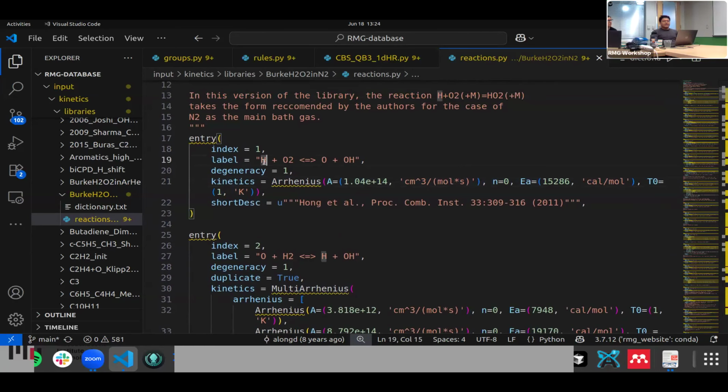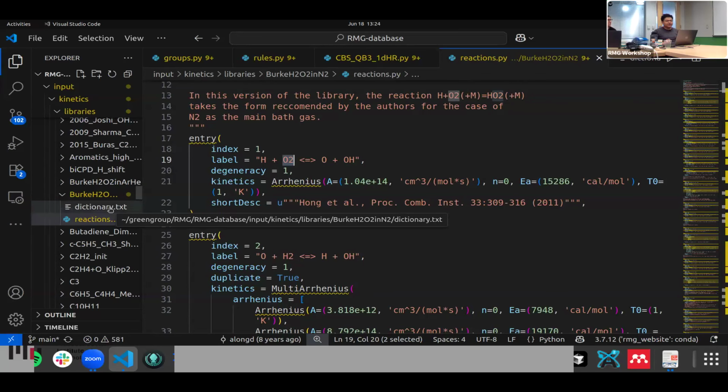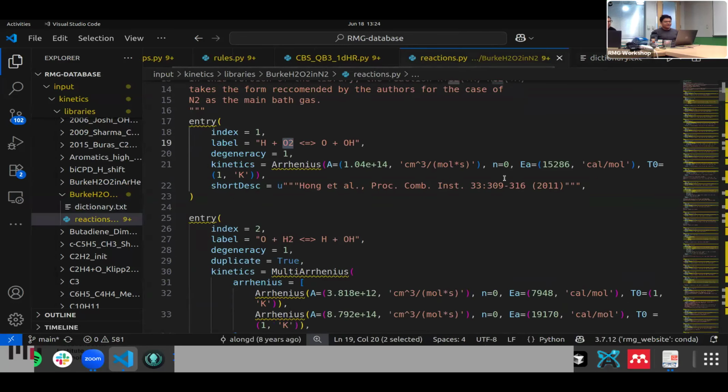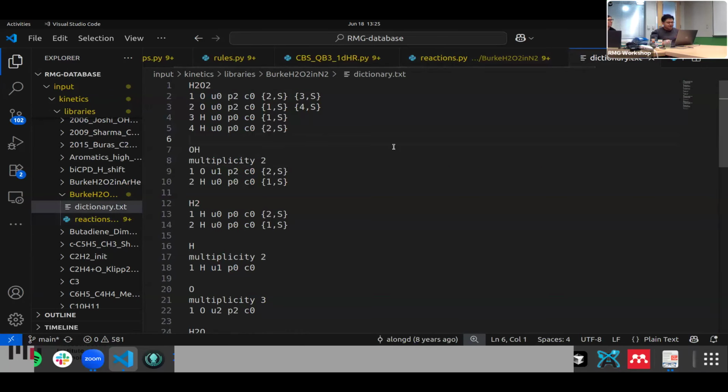But you might wonder, how does RMG know to go from H and O2 to the specific molecular structures? You have to, in each kinetics library, separately define a dictionary. And in those dictionaries, that's where you list out the adjacency list for a certain structure. I guess the reason we did that was just to prevent the reactions from being really long and bulky to read. But that's why it looks different from the thermo.